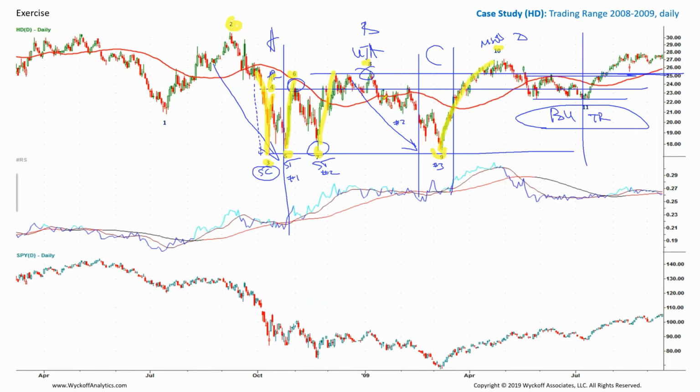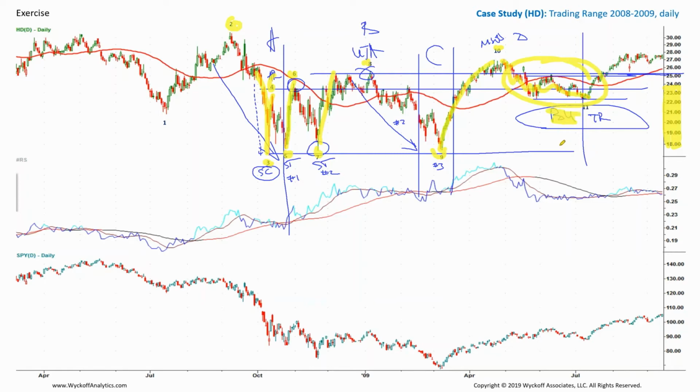And then suddenly, all of the supply that was available between, let's say, 23 and 18 has been absorbed, and whatever is left is not that significant. So for the first time, the sellers will not be able to push the price significantly lower to the support level. And that's how the backing up action is going to be created.